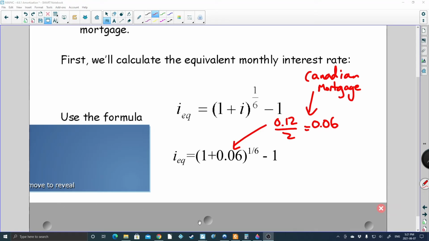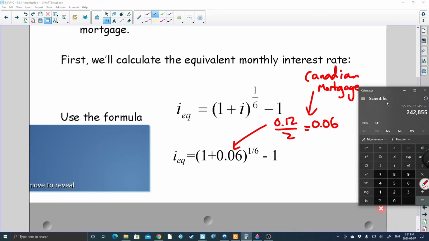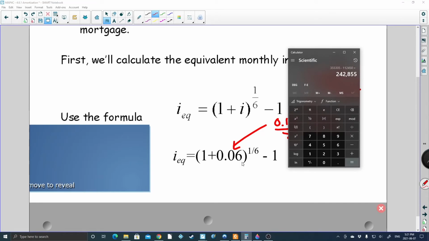So what is that going to look like? Well, let's take a calculator here and do this calculation. So bracket 1 plus 0.06 bracket to the power of, and I have to do to the power of 1/6. That needs to be in a bracket. So the power of 1 divided by 6, and then minus 1. And that gives us 0.0097.